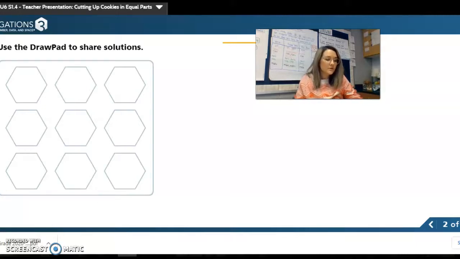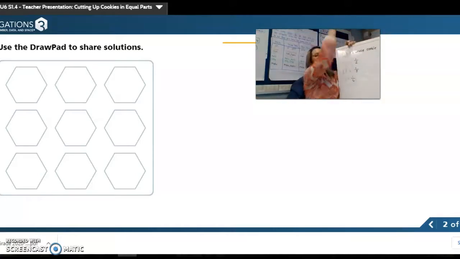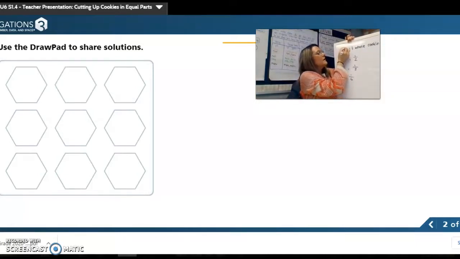So while you are going through and you're finding the different combinations, make sure you label the fractional piece. So, for instance, if I were going to just use trapezoids, I would have 2 trapezoids, my pattern blocks, and I would label each trapezoid 1/2.